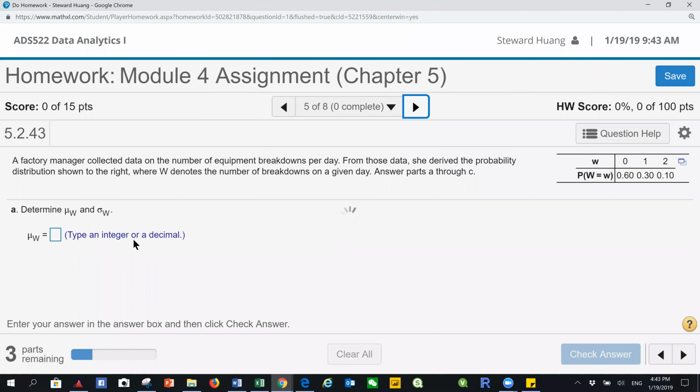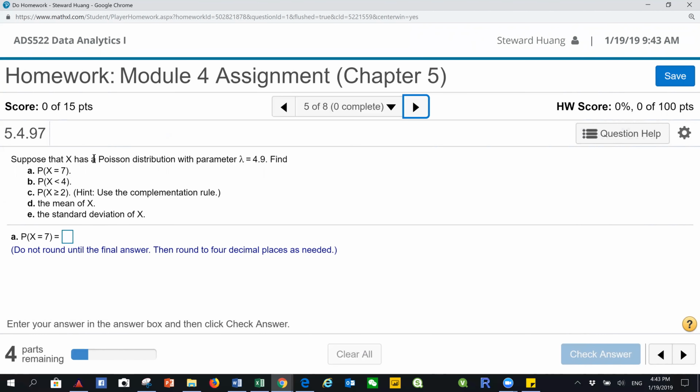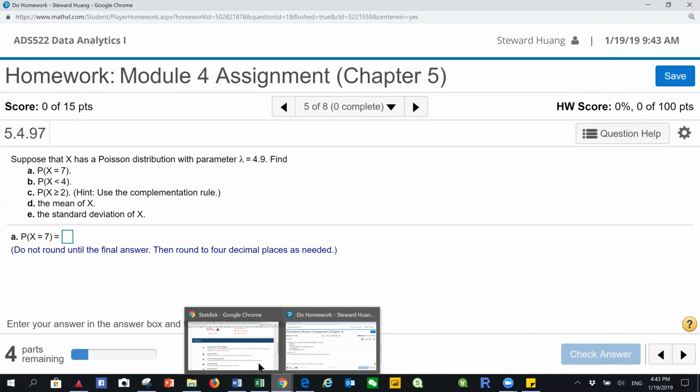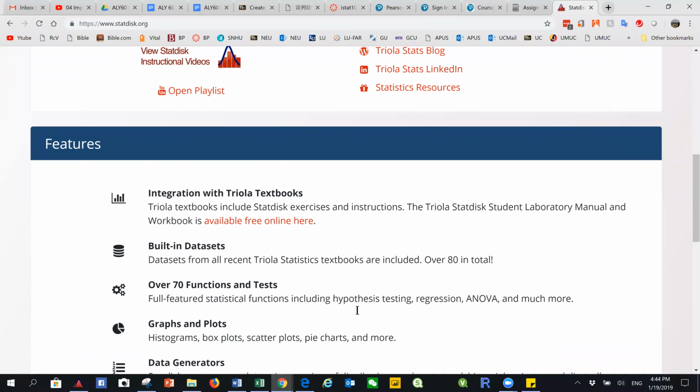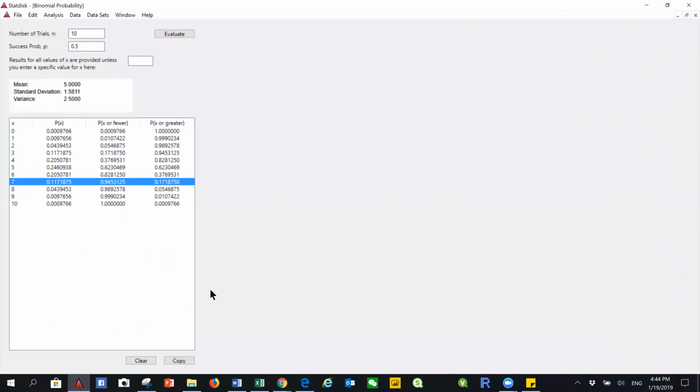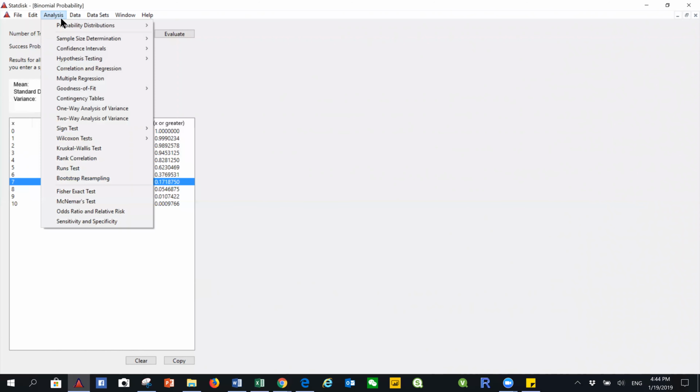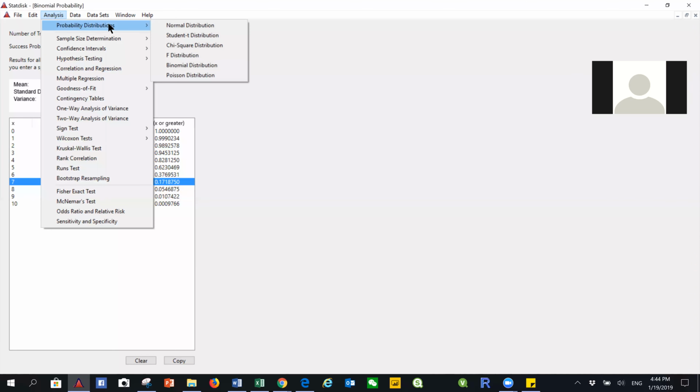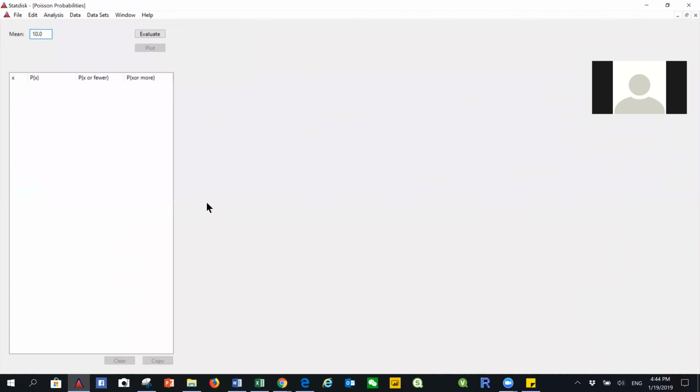Then we look at the Poisson probability distribution, lambda equal to 4.9. Instead of plugging in the formulas, you can use StatDisk to calculate. It's under Analysis, Probability Distributions. You click on Poisson Distribution, then plug in lambda. What's the lambda value here?